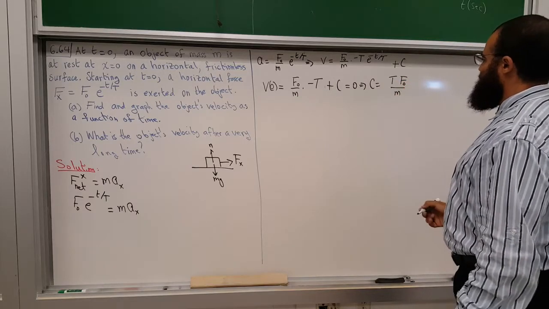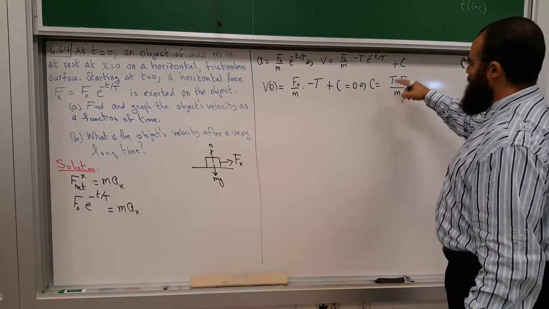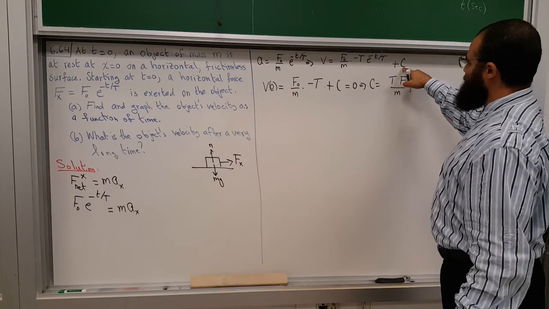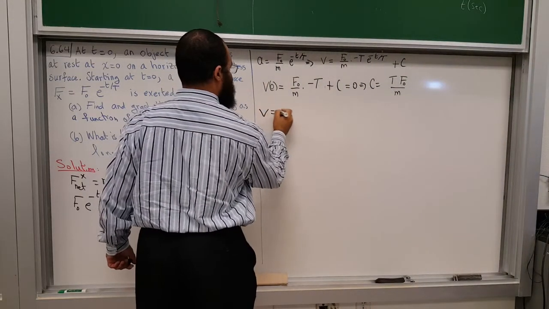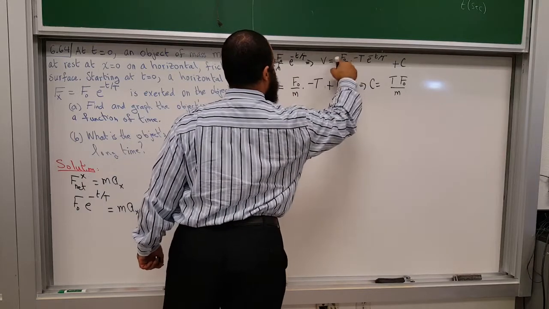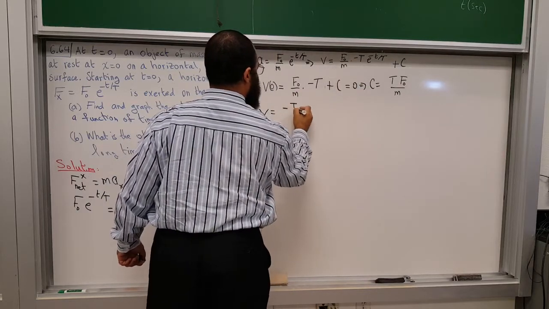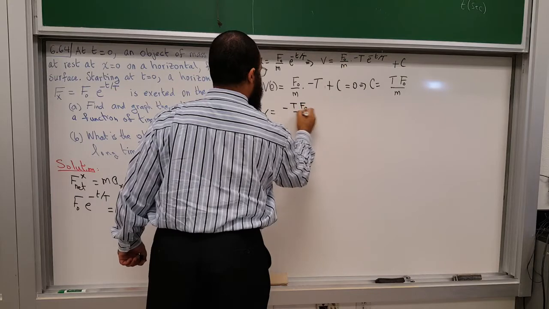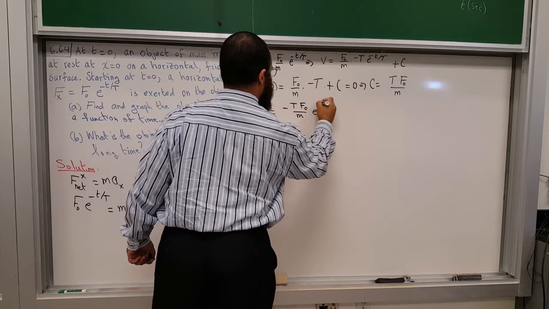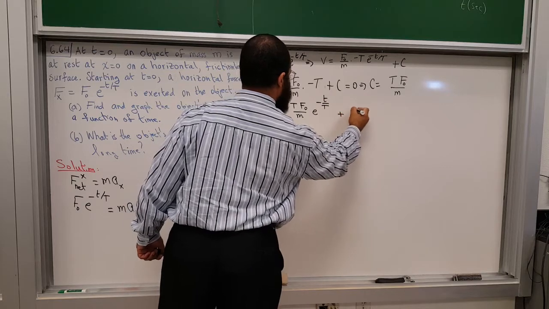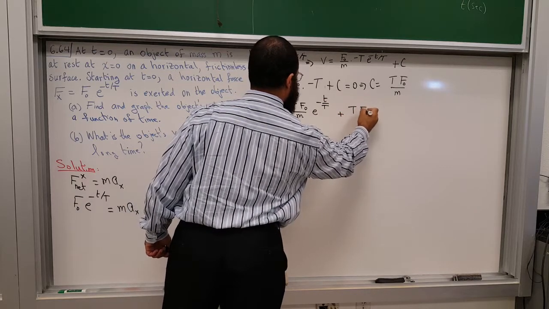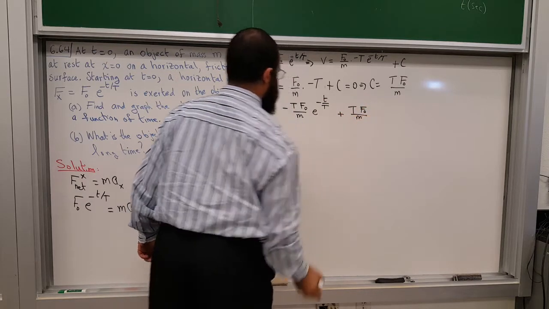That's that. So now go back, whatever you see as c, replace it. So you get v as a function of time will be negative T F0 over m e to the minus t over capital T, plus c, and c is T times F0 over m, like so.